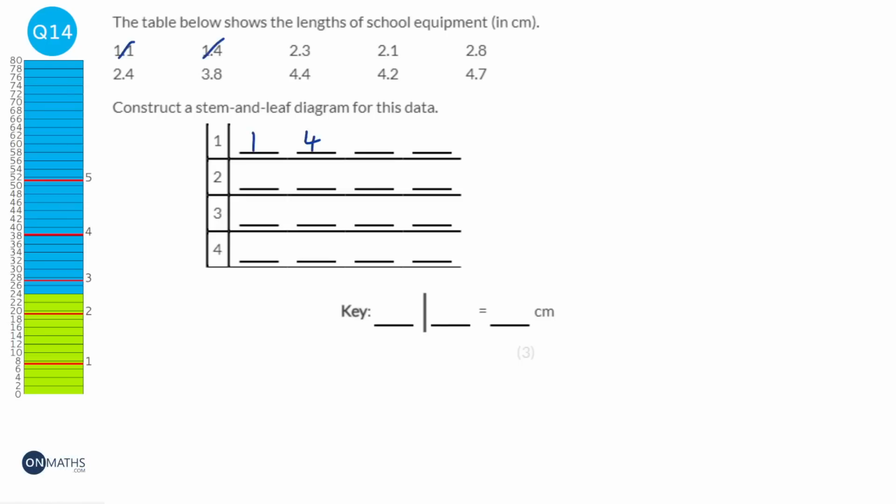Looking at the 2 points, we've got a 2.1, 2.3, 2.4 and 2.8. Looking at the 3s, we've got 3.8, and looking at 4s, we've got 4.2, 4.4 and 4.7.